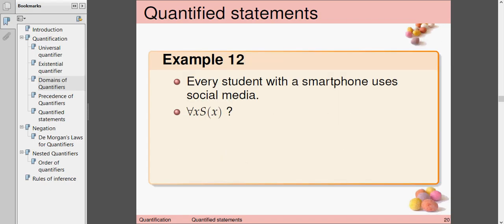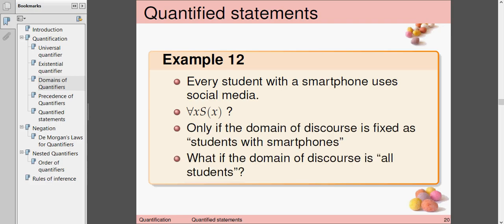For each student with a smartphone, the student uses social media. Is this correct or not? That means for all smartphone students, they use social media, or not? So the domain here is X, every student who has a smartphone. The function is uses social media or not. We need to check.